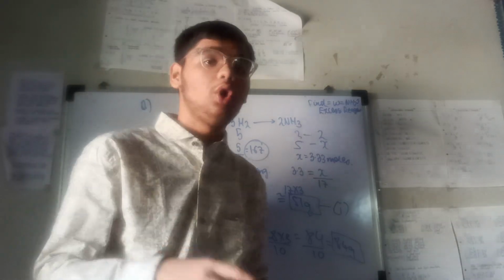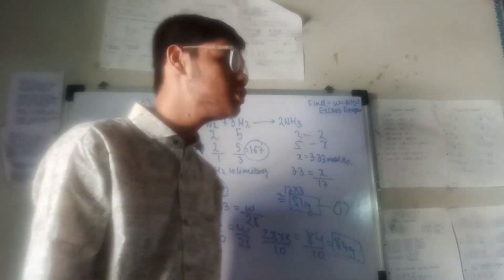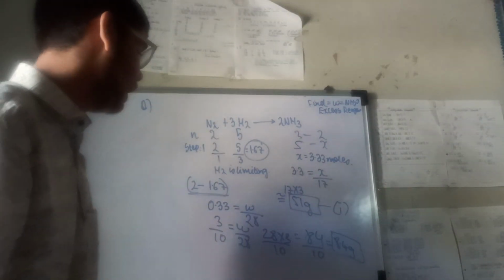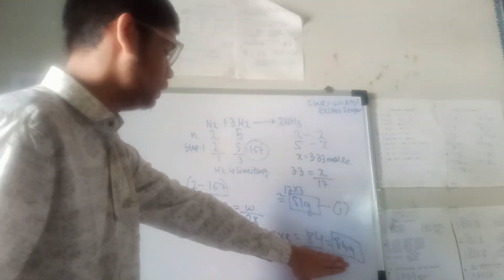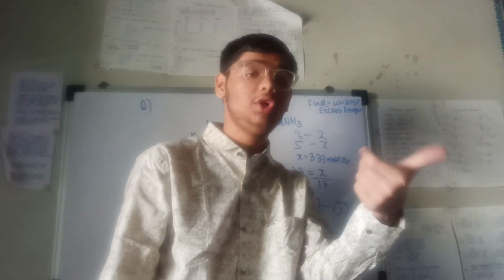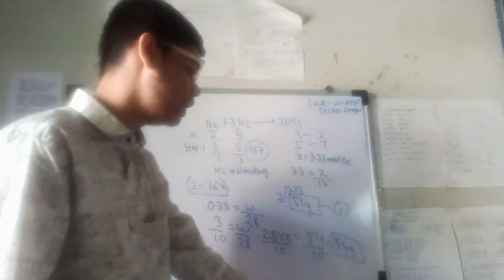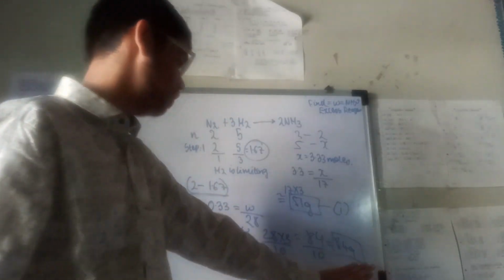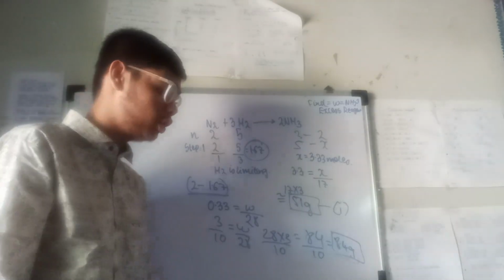N2 is the excess reagent, and that unreacted mass is 8.4. That way also they can frame: what is the unreacted mass of the excess reagent? That we have calculated. Both points are done.